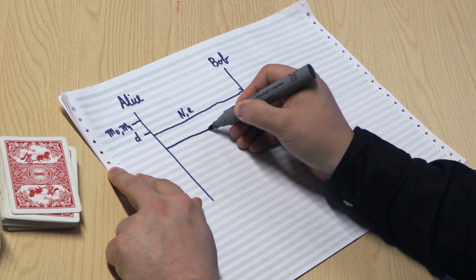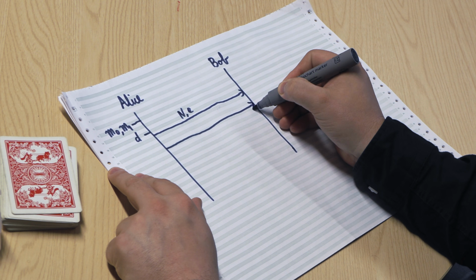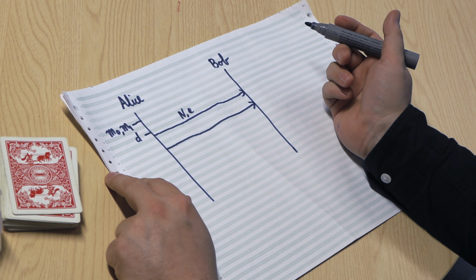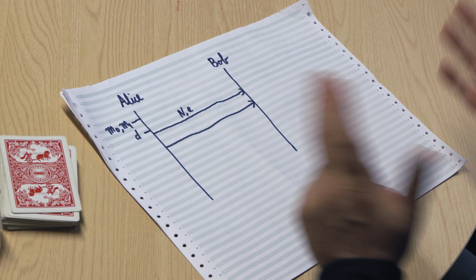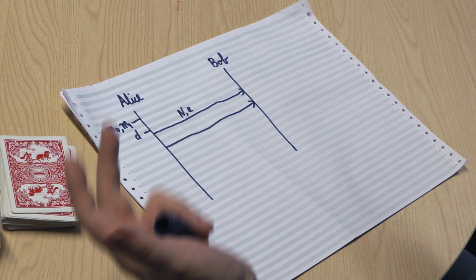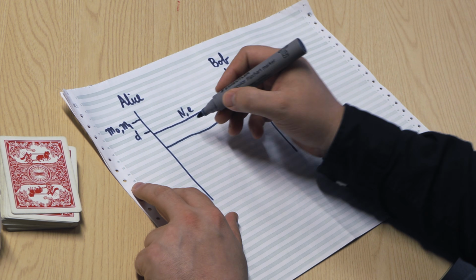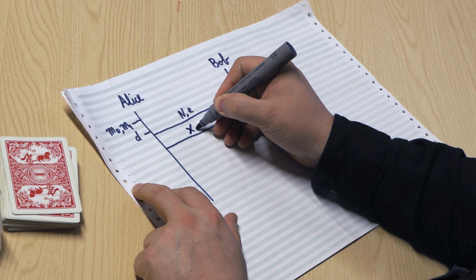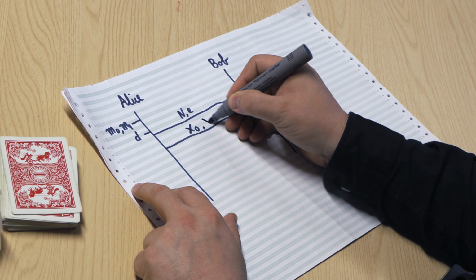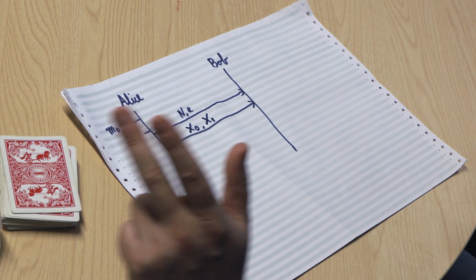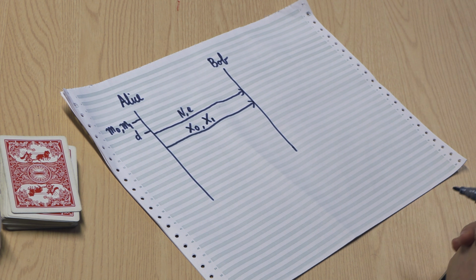The next thing she does is she sends two completely random values to Bob. These are values smaller than big n, but generally quite large random values. Let's call them x0 and x1. So these are just random numbers that Bob will receive. Now Bob, before anything started, thought of a bit, right?